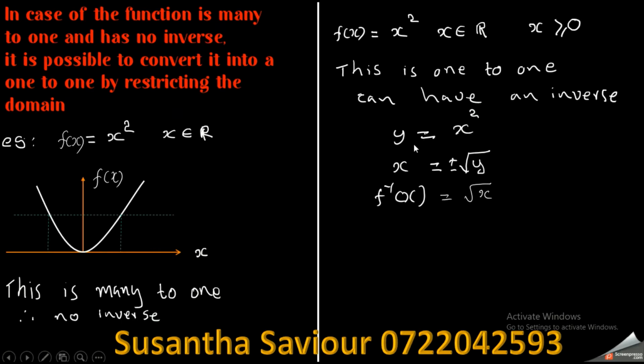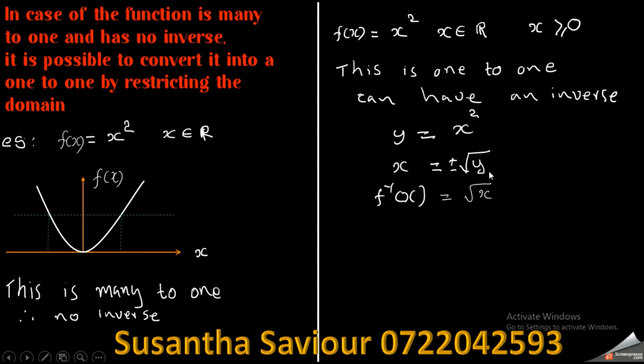At the beginning I told you the domain of the inverse function is the range of the original function, and the range of the inverse function is the domain of the original function.